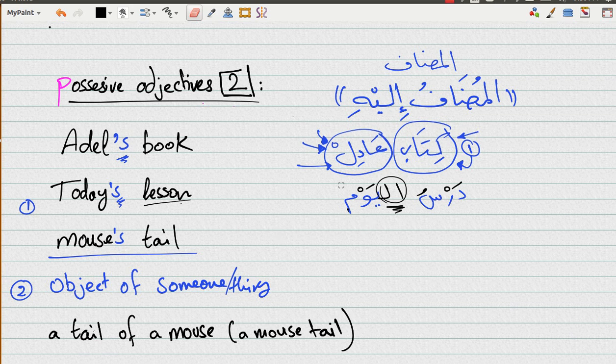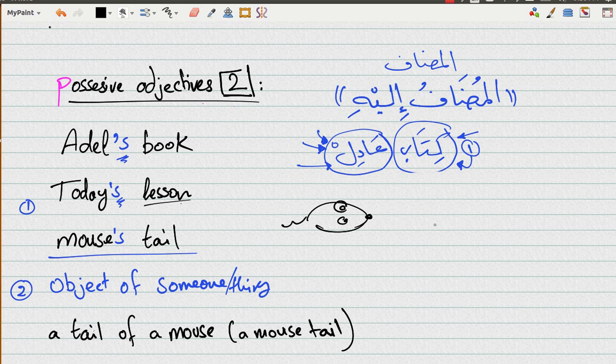So I have, again, let me get some space to write on. If I want to say the mouse's tail, so it's the tail of a mouse. It's not any mouse, it's a specific mouse I'm talking about, mouse's tail.